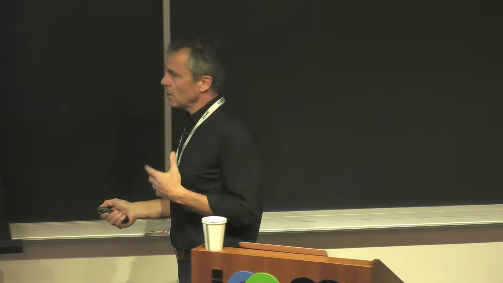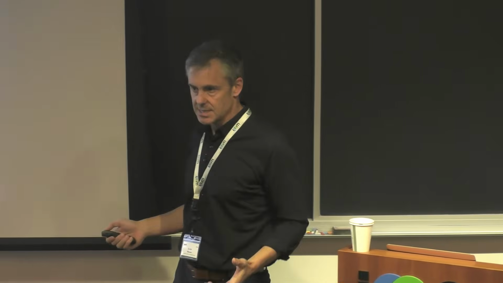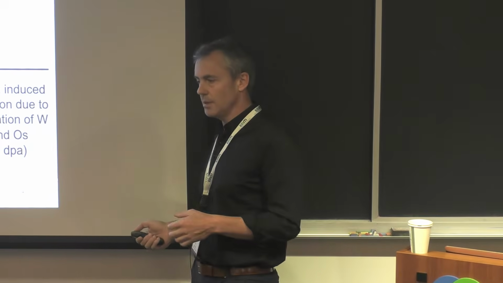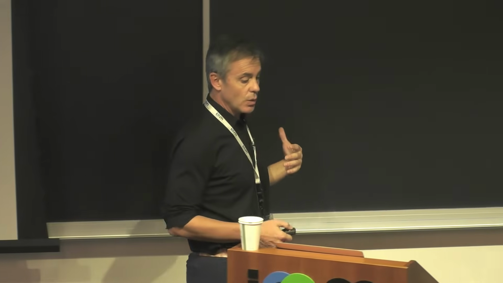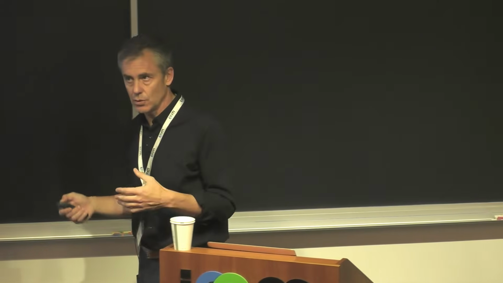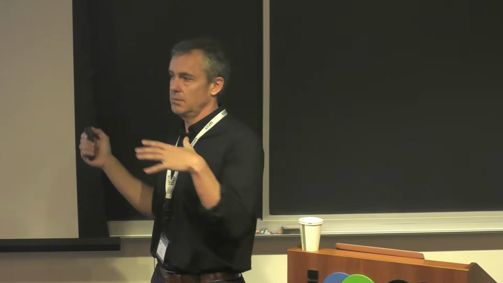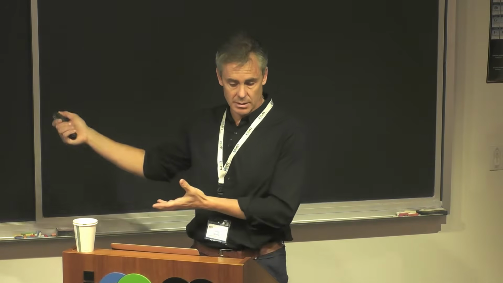So people have done ion beam irradiations, which are very fast and cheap, and we have a bunch of those in the US. The issue with ion beams is that you don't get the transmutation that neutron irradiation gives you, so you have to induce it externally, and that's always complicated because you don't know if you're mimicking exactly what's happening. But anyway, just to give you an idea of the difficulties that we face when we really want to test fusion materials.